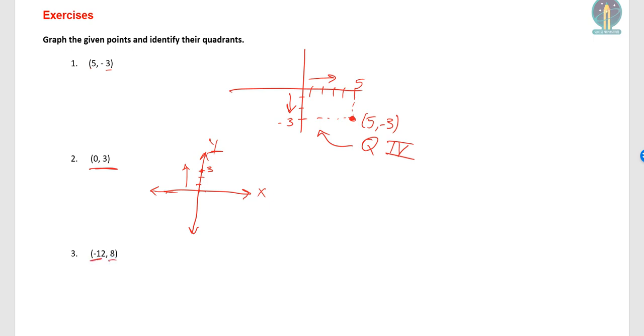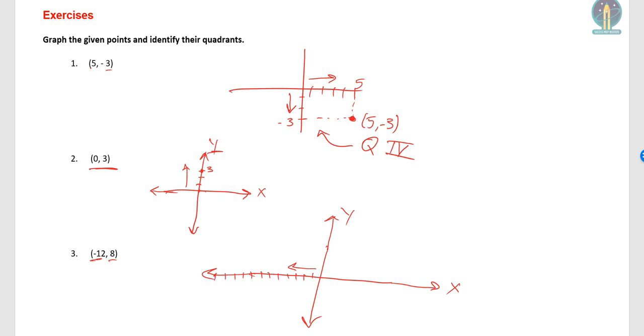Minus 12 and 8. So let's draw it out here. X, Y. So minus 12, I want to move in this direction on x: minus 1, minus 2, minus 3, minus 4, minus 5, minus 6, minus 7, minus 8, minus 9, minus 10, minus 11, minus 12.